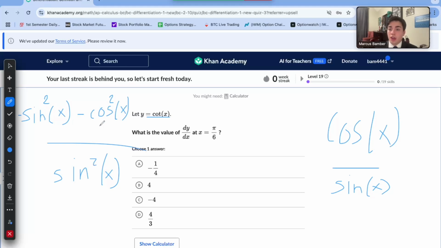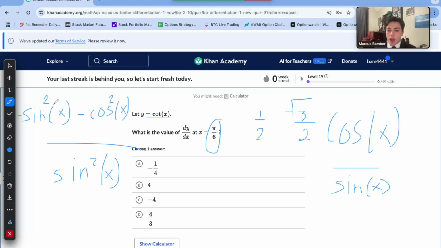And what we can do here, we can definitely use some trigonometric identities if we wanted to simplify further from here, but we can just simply simplify by directly substituting in pi over 6. If we know our ratios, the sine of pi over 6 is simply going to be 1/2, while the cosine of pi over 6 is going to be square root of 3 over 2.